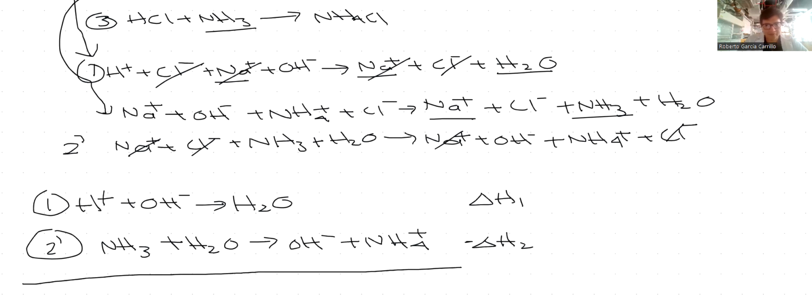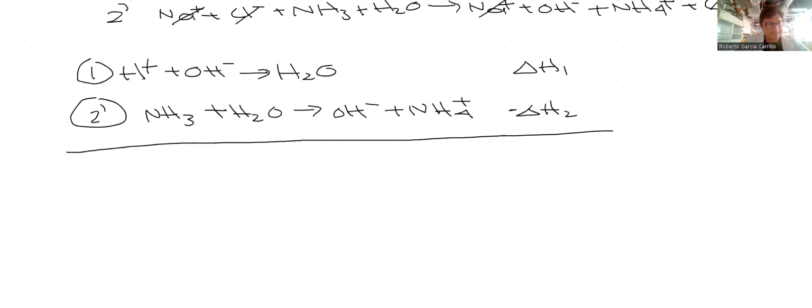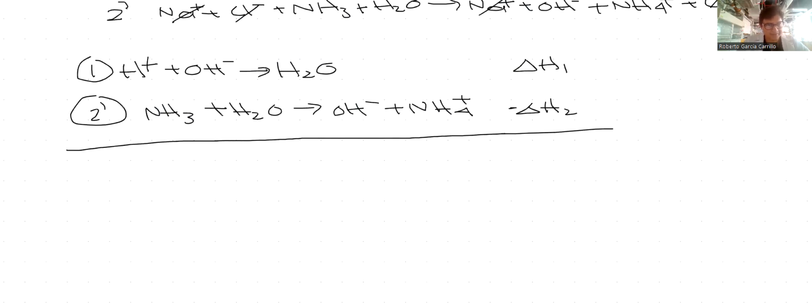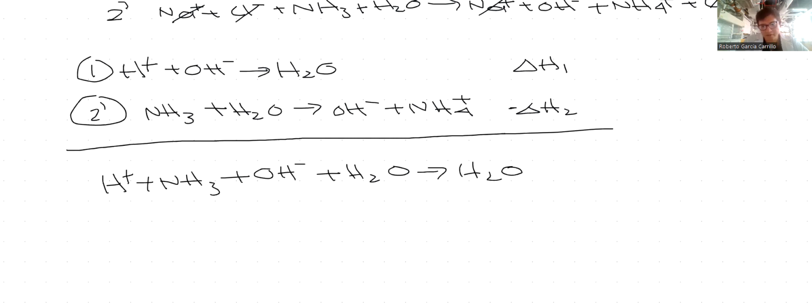And therefore, if we add them up, we get H plus plus NH3 plus OH minus plus water produces water plus OH minus plus ammonium ions.